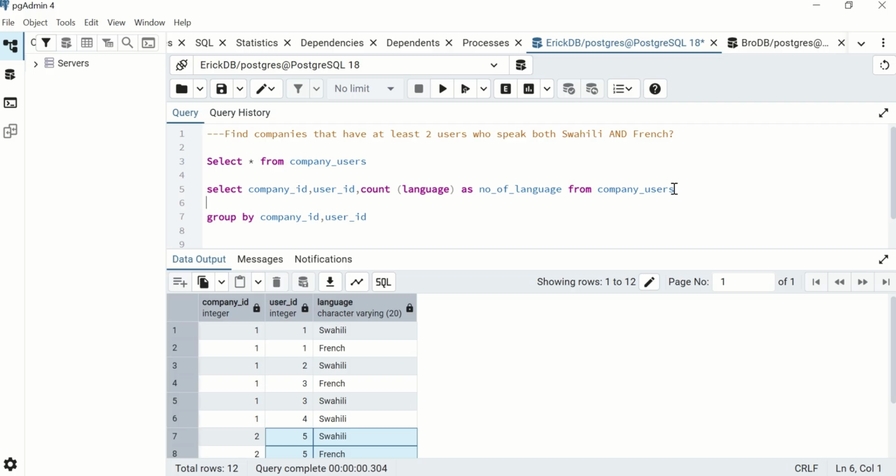For that, we will bring in the where clause: where language in, so we are only interested in Swahili and French.